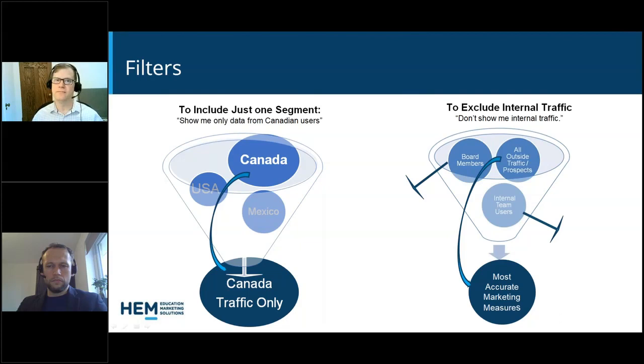That is me, my colleagues, my managers, and whatever, because we're clicking on the website an inordinate amount of time, maybe clicking on different links and calls to action, and we don't want that to muddy up the actual data. So by excluding internal team members or maybe board members, you'll get the most accurate marketing measures in your end result data. So those are the two ways to approach filters.